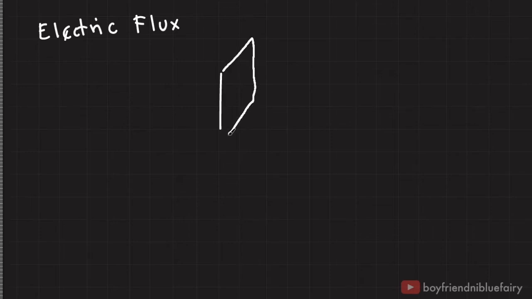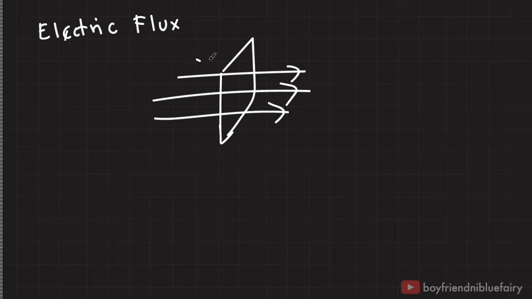Next, let's discuss electric flux. So electric flux is a quantitative measure of the number of electric field lines passing through a surface. So imagine you have a surface and you have some vectors going to the right. Imagine this bunch of vectors are the electric field.